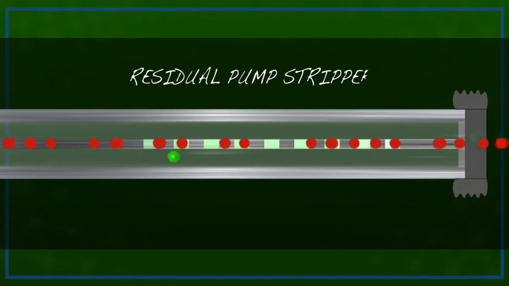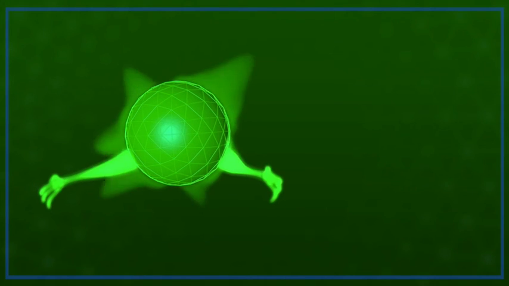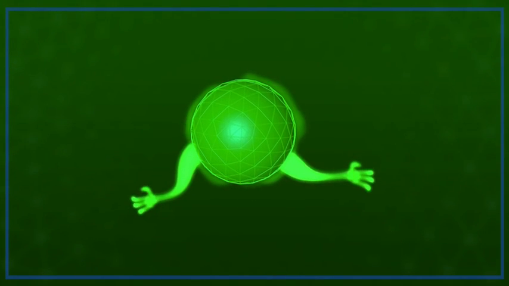So, additional components such as residual pump strippers are added to the very output end of the fiber. The stripper has a higher refractive index than the nominal cladding on the fiber. This then catches the high numerical aperture light remaining from the pump and releases it out of the fiber as lost thermal energy. Further refinements such as sophisticated electronic feedback and control mechanisms are still in development.